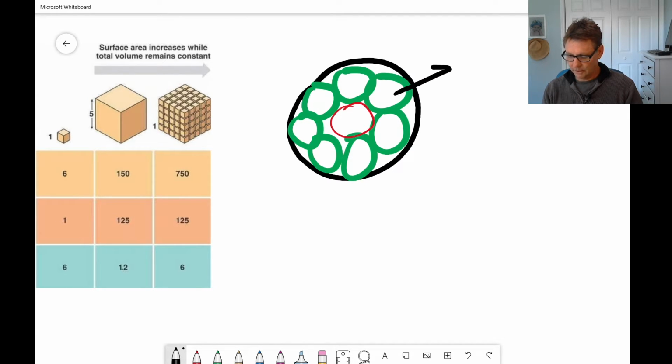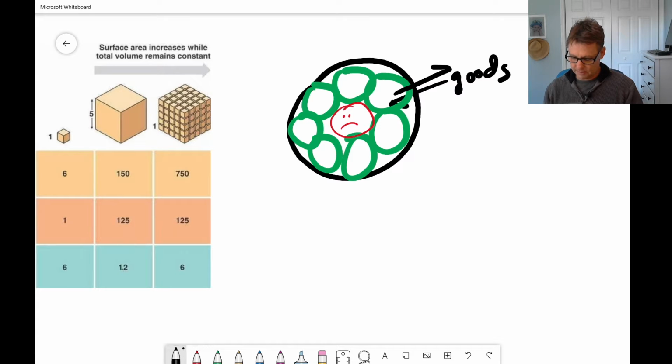Okay, so we're going to have exchanging of goods going in and out of the cell. The cells closest to the surface are going to get most of the goods, and the ones on the inside are not going to get everything they need. Okay, unless it has the right proportion of volume to distance that it needs to travel.